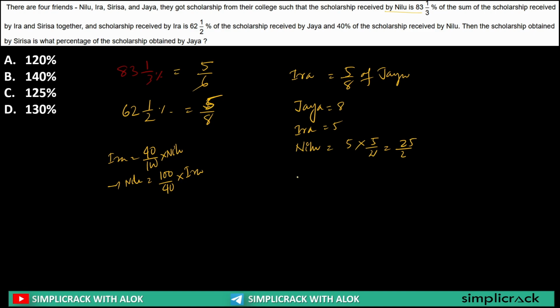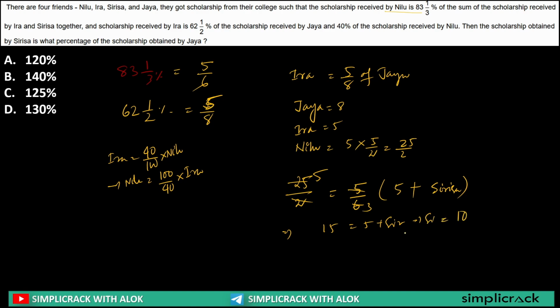That means the scholarship of Nilu is equal to 5 by 6 of Ira's scholarship plus Sirisa's scholarship. So if we start solving this, 25 by 2 into 6 by 5 is 15, which is equal to 5 plus Sirisa. So Sirisa's scholarship is equal to 10.